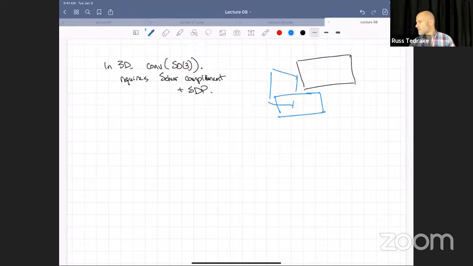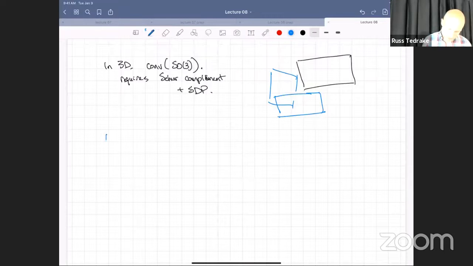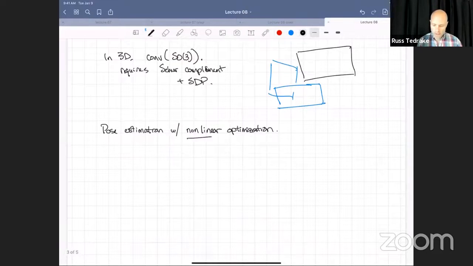In fact, Anubhav was asking that earlier in one of the other lectures. You were asking if you could do it in Euler angles, and this is a case where you can do things in Euler angles if you're willing to solve the nonlinear optimization. So let's understand. Nonlinear optimization is a form of non-convex optimization.